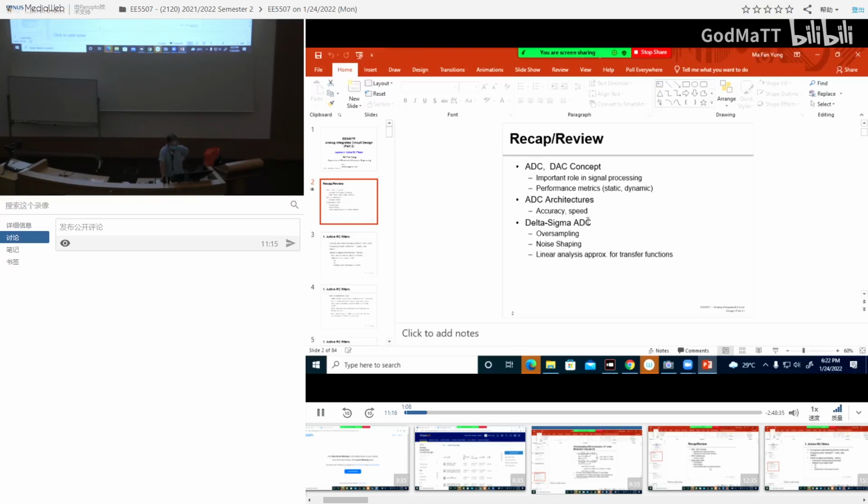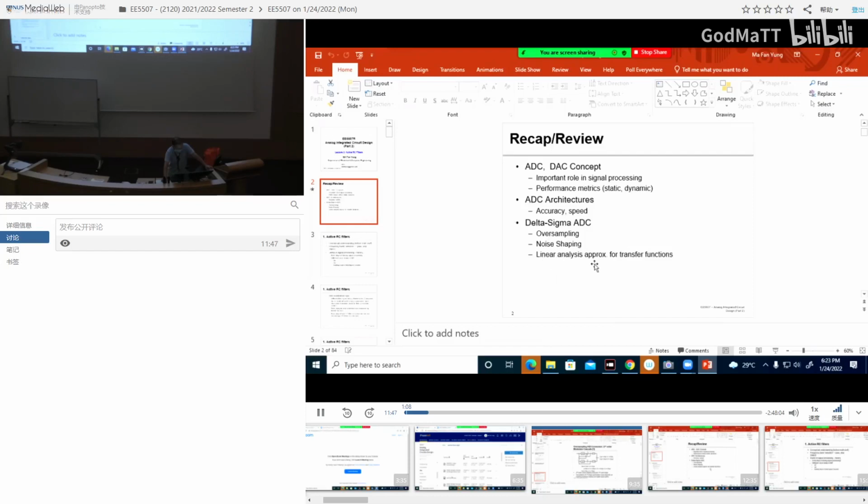And then we spent the remaining time focusing on one type of ADC, which we call the delta sigma ADC. All right? Which is quite commonly used nowadays. And also it illustrates a lot of signal processing concepts that are applied in ADC. Okay? So concepts like oversampling, how the quantization noise is shaped, to squeeze out more performance. And then we spent some time talking about how we analyze this thing, okay?